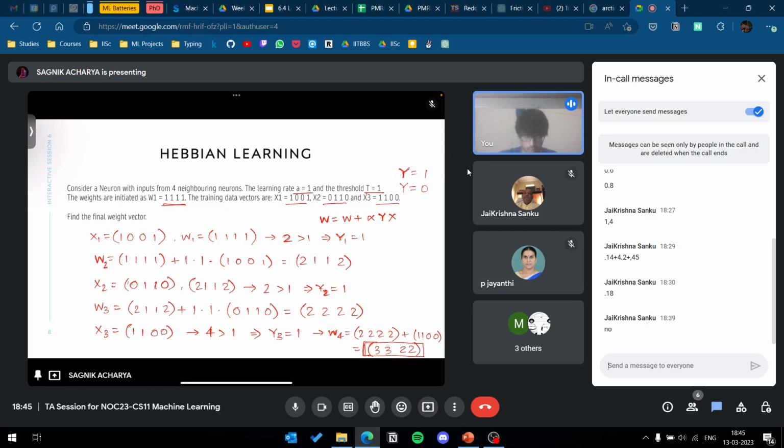You see that in every step, my first input was 1 0 0 1, so the first and fourth neurons are firing together, and their weights get updated together. This is the essence of Hebbian learning. In the next step, the second and third neurons were firing together, so those weights got updated.